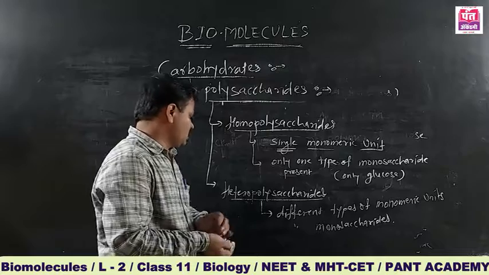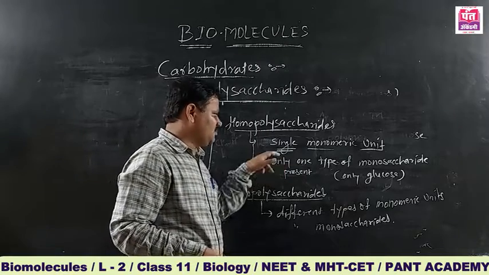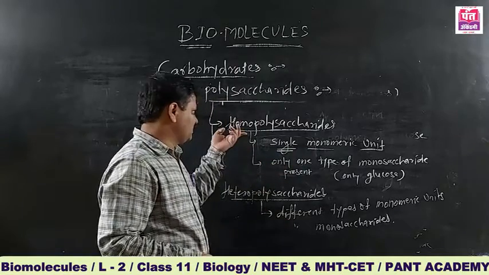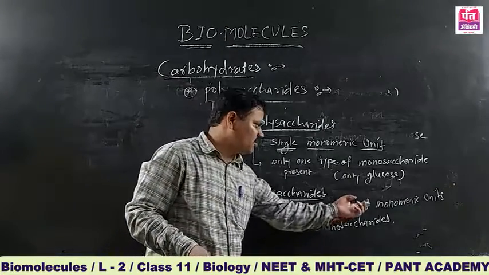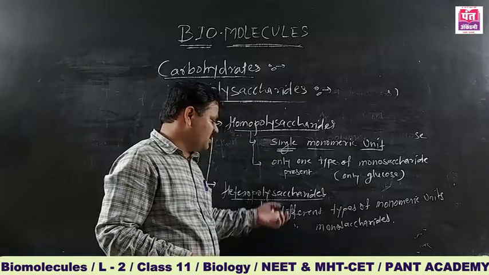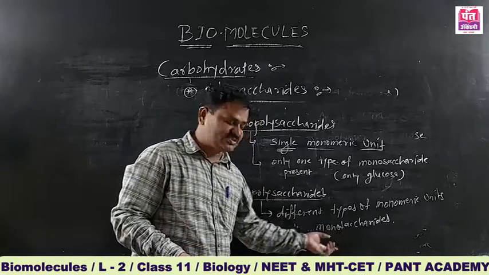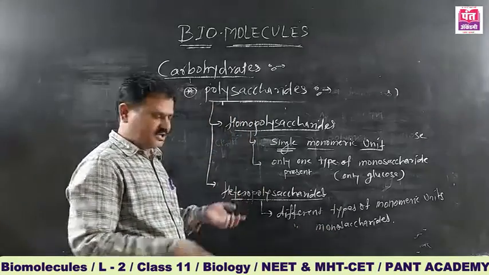Remember, if only one type or single monomeric unit is present, then it is a homopolysaccharide. If different types of monomeric units or monosaccharides are present, then it is a heteropolysaccharide.